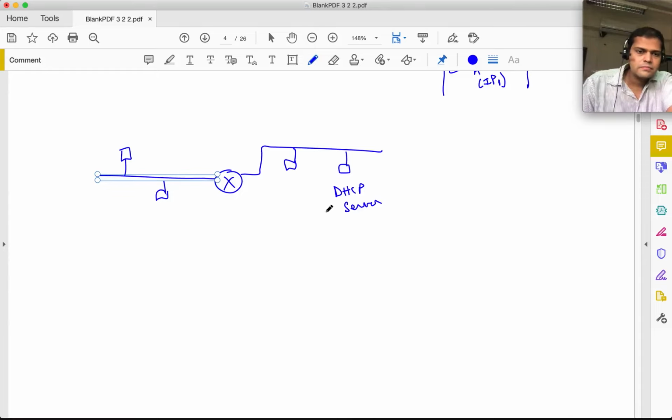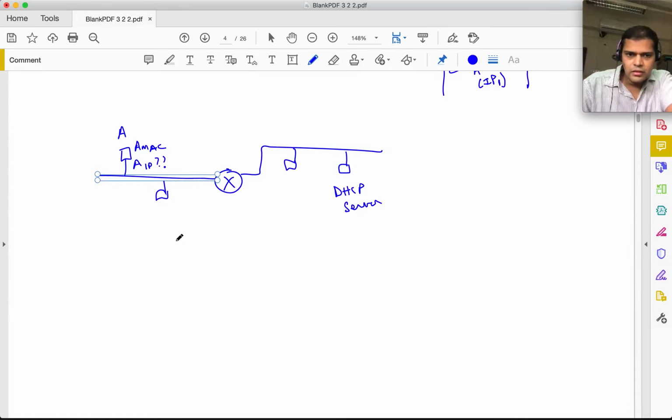Now, how are we going to find out an IP address? A has its own MAC address, but it doesn't have its IP address. So it's going to do a local broadcast over here.